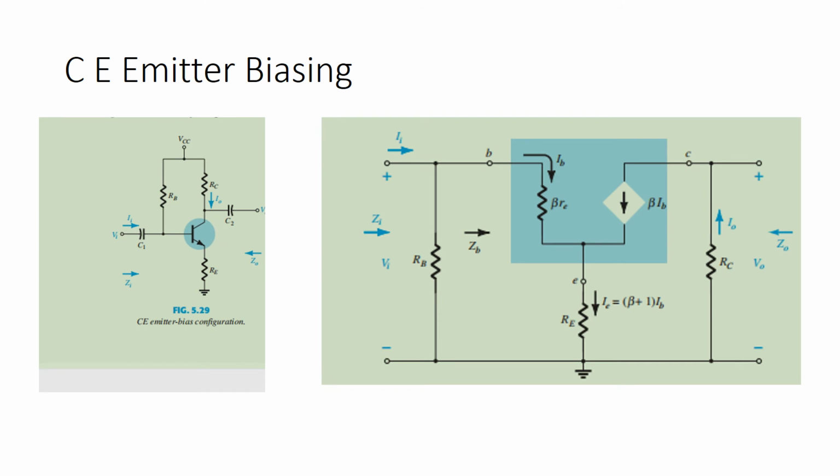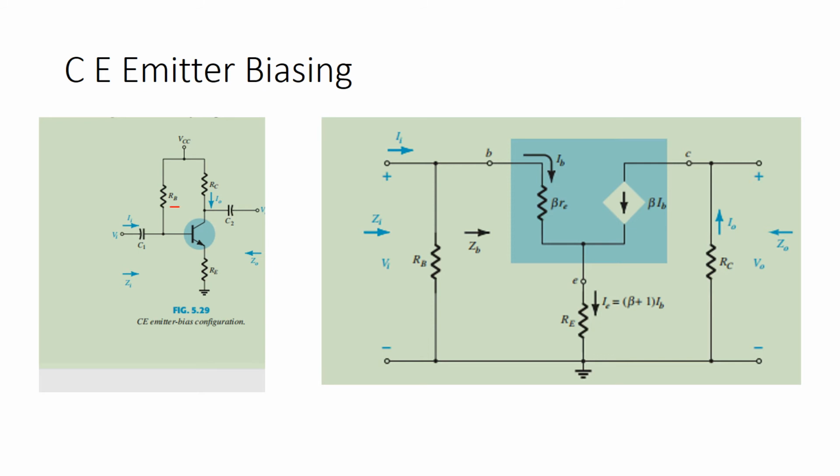Now common emitter biasing. Common emitter biasing has a resistance RB between the DC supply and the base terminal, and the collector resistance between the DC supply and the collector terminal. So redraw this circuit.